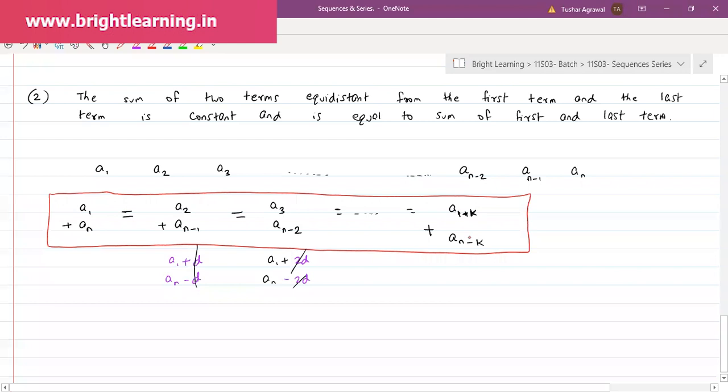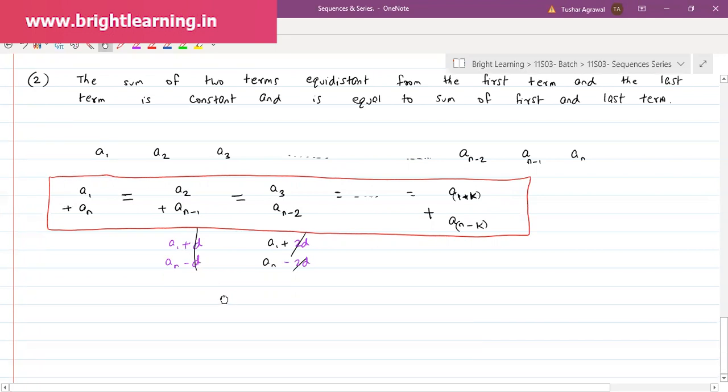Got it? N minus k is the complete subscript, and 1 plus k is the complete subscript. Afrin, Pujita, both of you clear? Yes, sir.